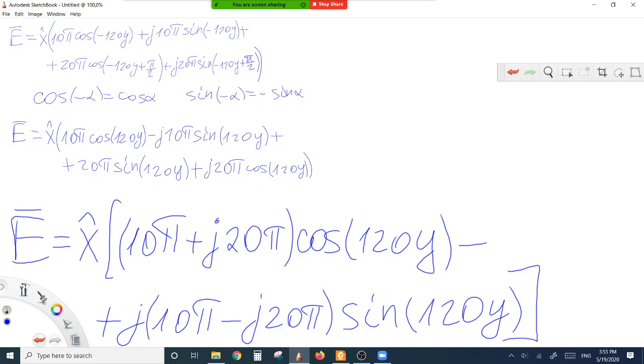Good. You may try by yourself to find the representation in polar form and in exponential form.